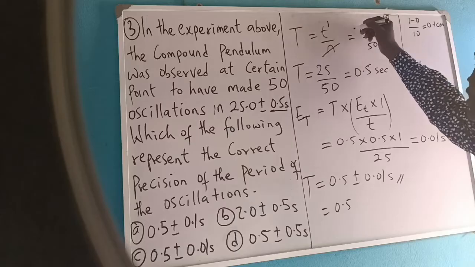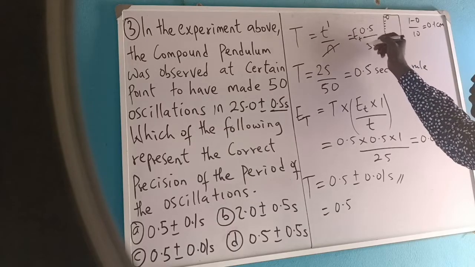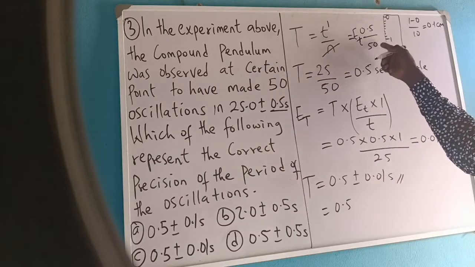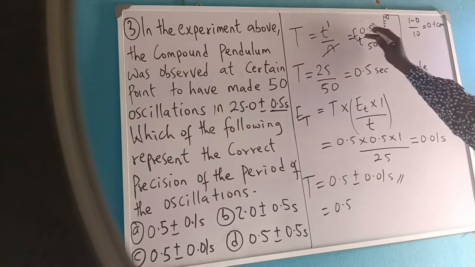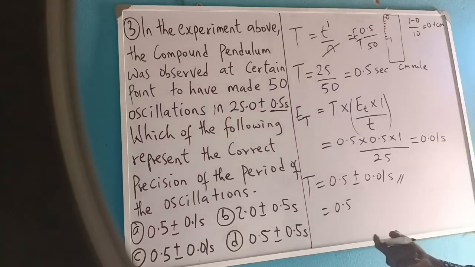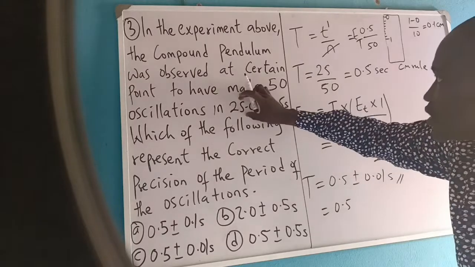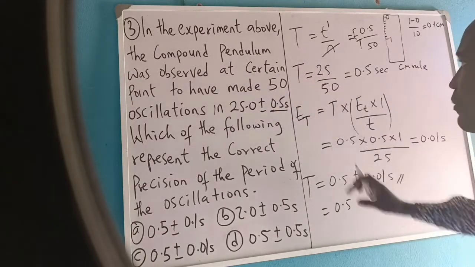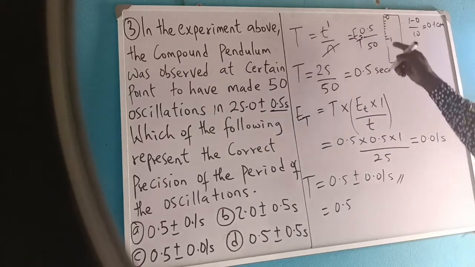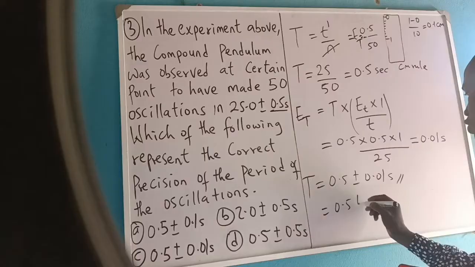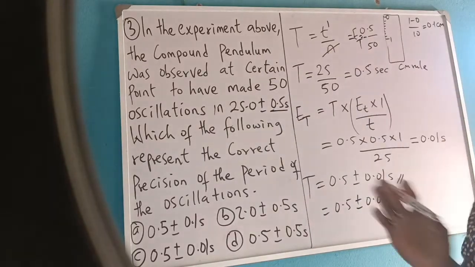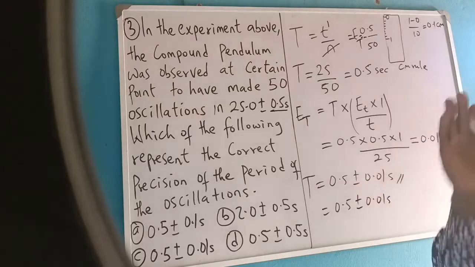That is about error in t. So the error in this period is equal to 0.5 all over 50, plus or minus the error of it all over 50. So 0.5 over 50 will also give you 0.01, because this formula is a direct formula. It's a very simple formula, so to speak.